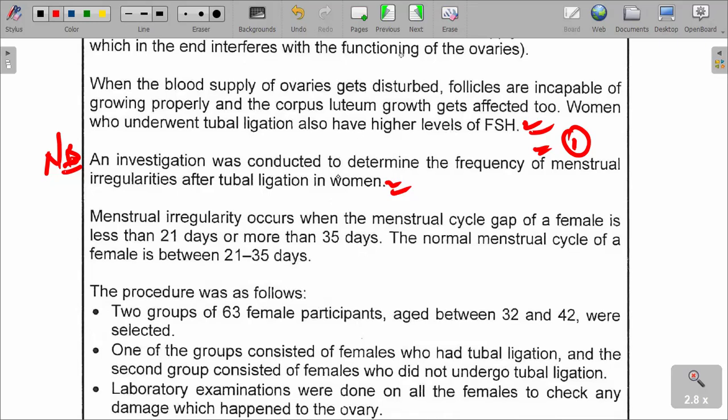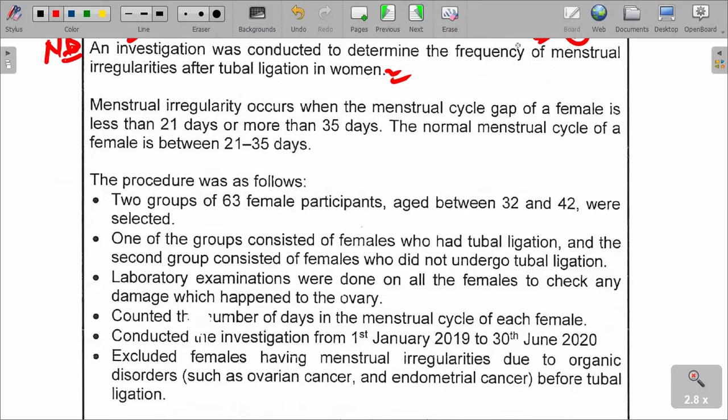Whenever you are given an investigation or a research question, your dependent and independent variables are derived from where it says an investigation was conducted to determine what on what. So we are saying something is influencing something, and that is where we define the dependent and independent variable.